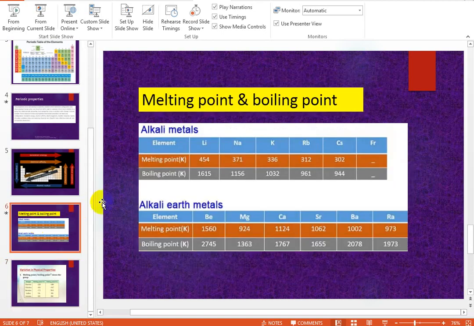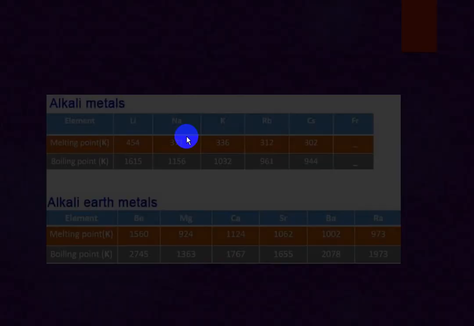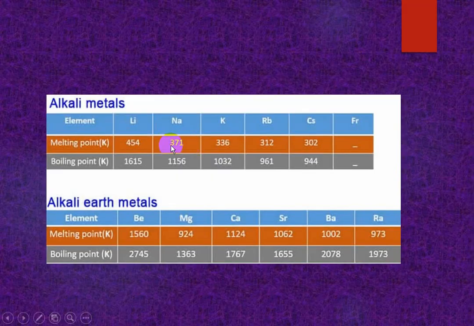In group 1 the elements have smaller size, so high charge density, and there is a free electron. Group 2 elements also have high charge density.